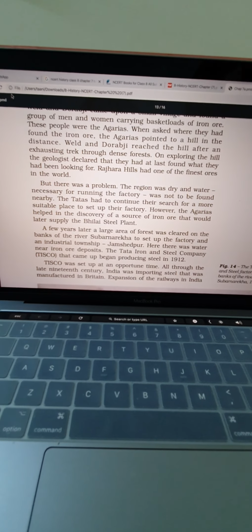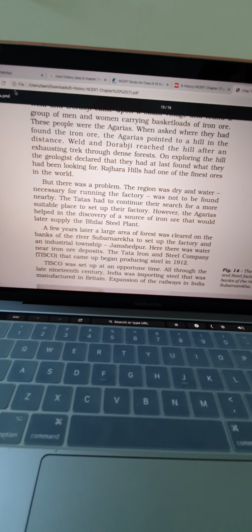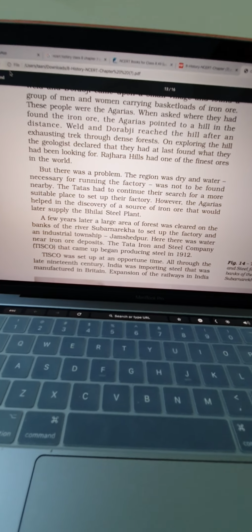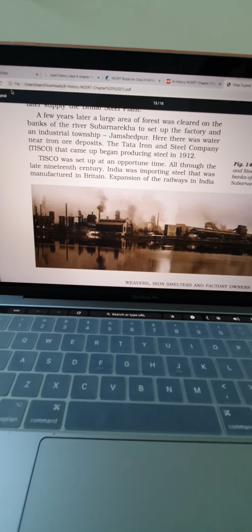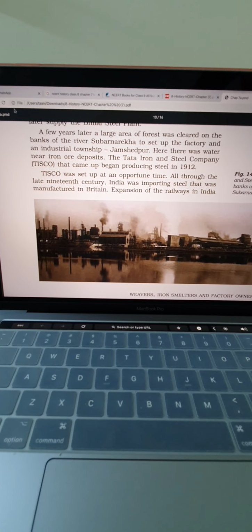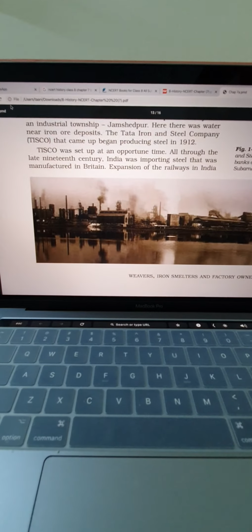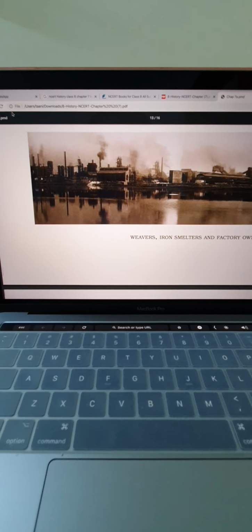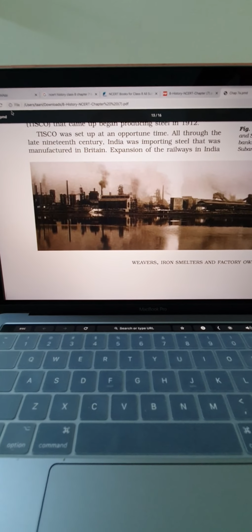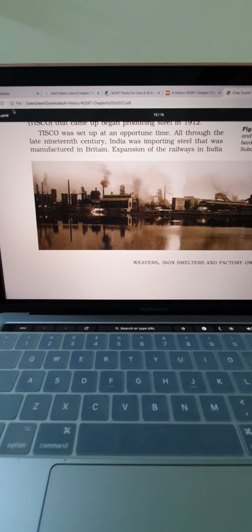Over time, TISCO became the biggest steel industry within the British Empire. You can see here the Tata Iron and Steel Factory on the banks of the river Subarnarekha in 1940.